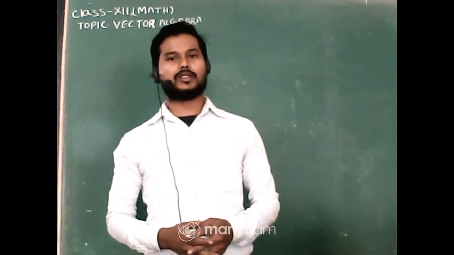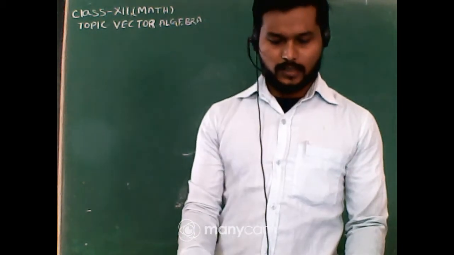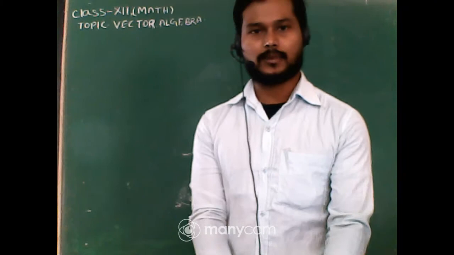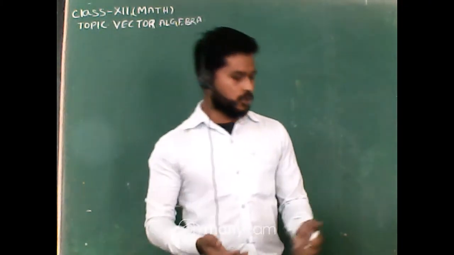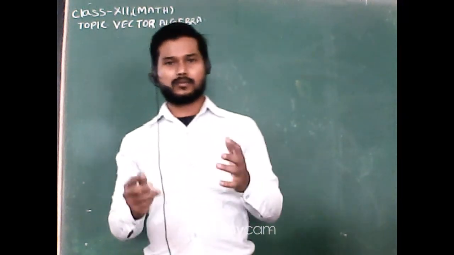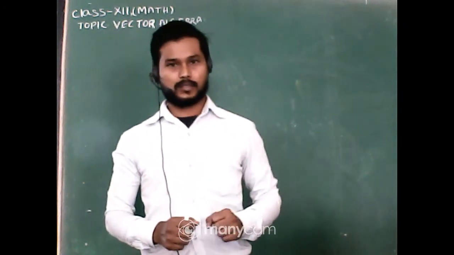Today we are going to discuss the 10th chapter of your NCERT book, that is vector algebra. Students, in the earlier classes we have learned what a quantity is and two types of quantities.